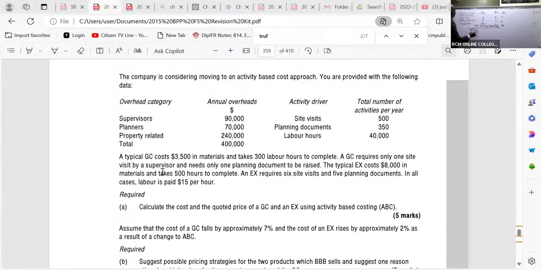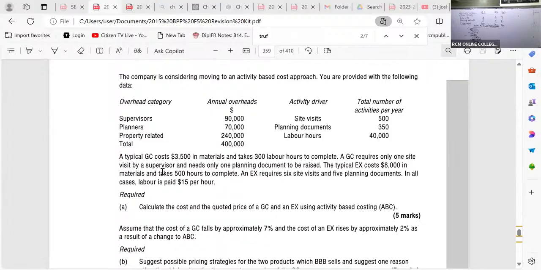Supervisors, planners, and then we have property related. Property related, they're talking about hours, and the hours are 300 to 500, giving us 800. And the expenses are what here?